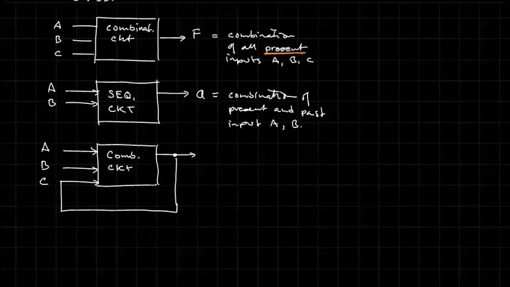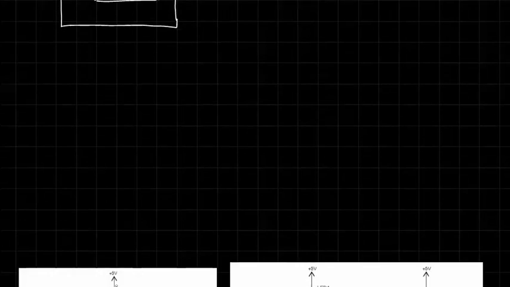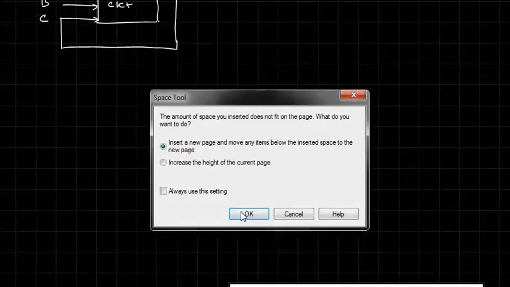So let me demonstrate that to you with a simple logic circuit. Okay, we're going to take two NOR gates. Here's an input A, here's an input B. We're going to take the output of the first one and go to the second one.